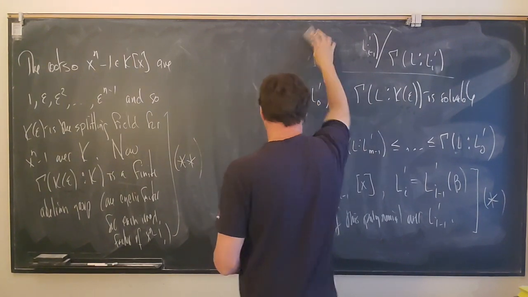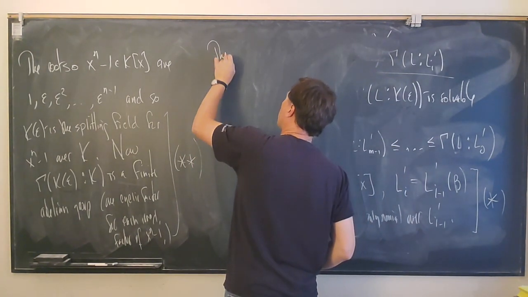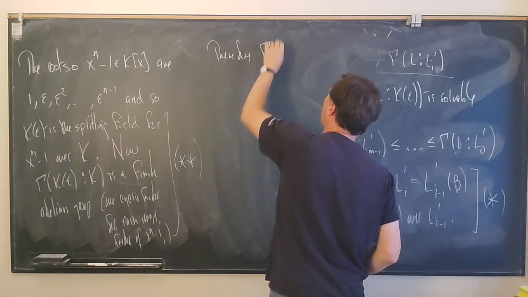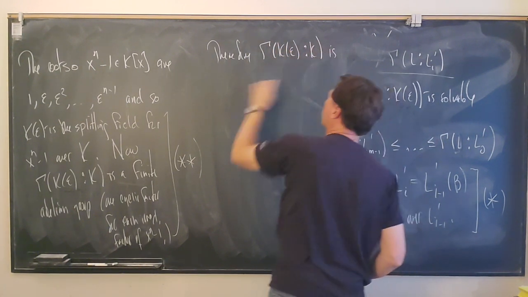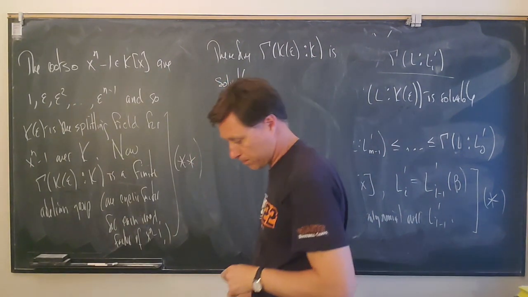Now, abelian groups are solvable, so we can say therefore gamma of K adjoin epsilon over K is solvable.